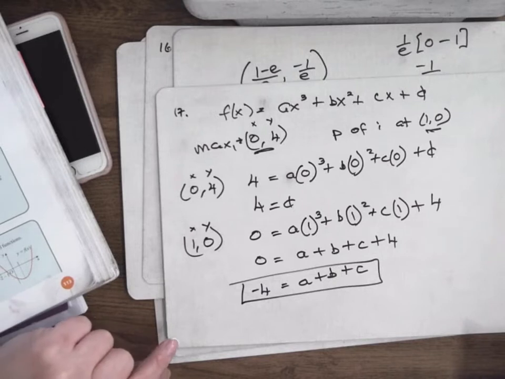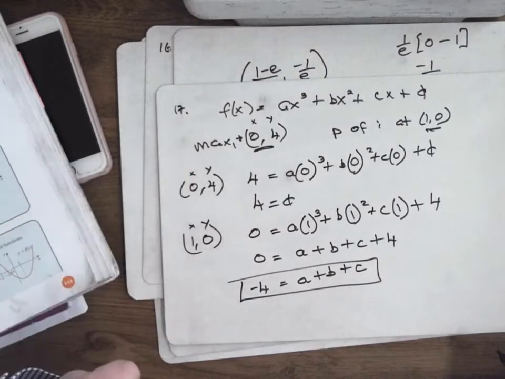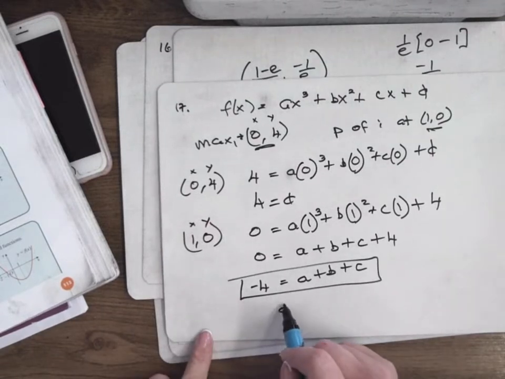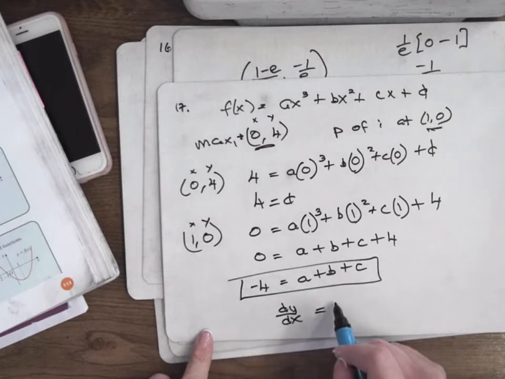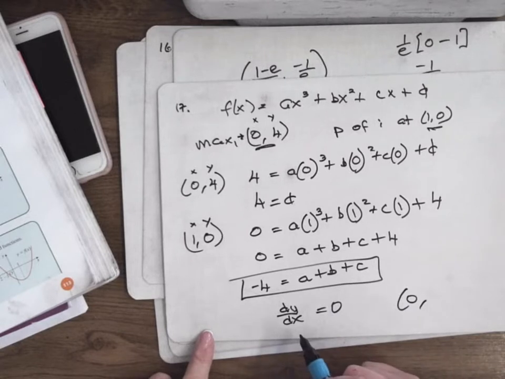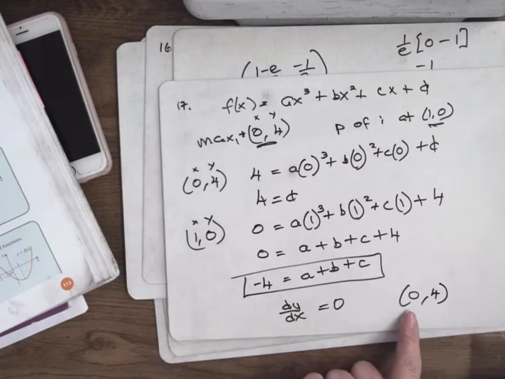Is that okay? Next thing I'm going to deal with is the maximum turning point. So at the turning point, dy dx equals 0.